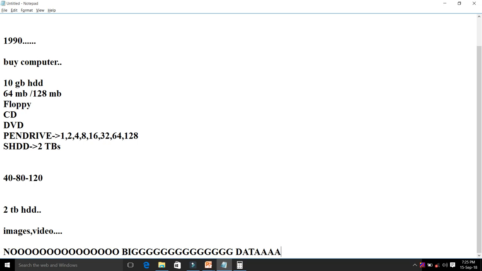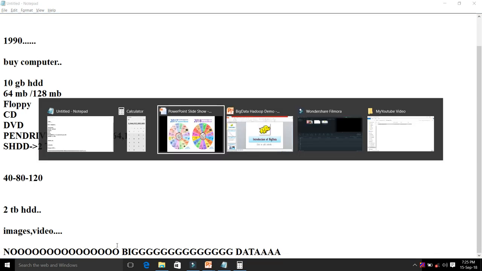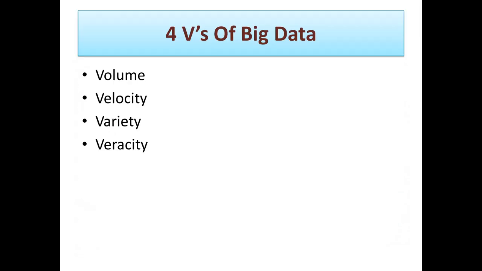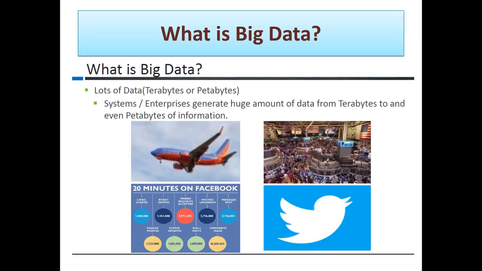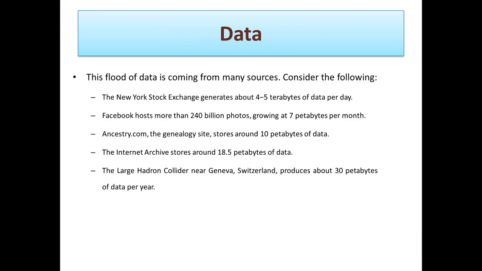Now let's see one definition here. Big data is nothing but lots of data. A system or enterprise generates a huge amount of data, from terabytes to petabytes, even to yottabytes. We already saw the example. These are older pictures, so the figures might have changed, but see, this is one example.